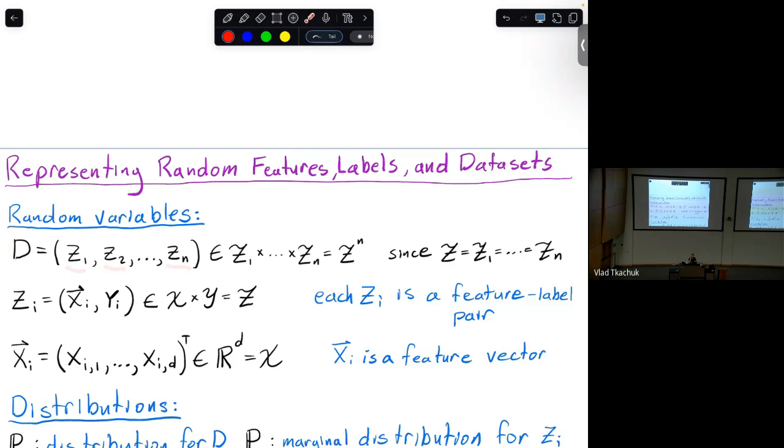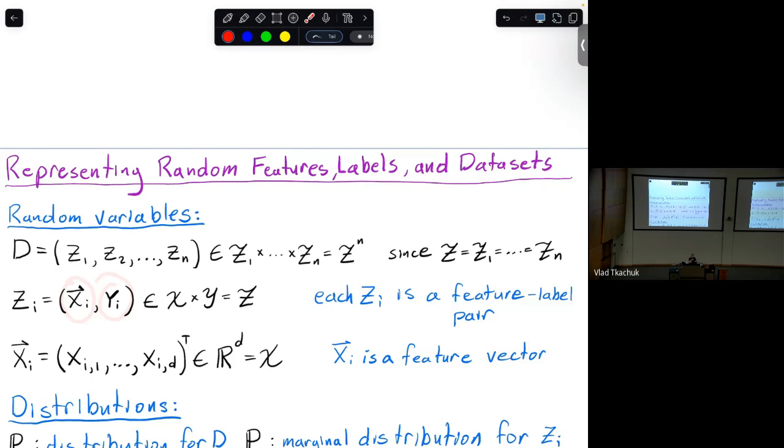But it turns out that these random variables inside a multivariate random variable can themselves be multivariate random variables. There's no problem with that. Each one of these Z's is a feature label pair. So every Zi, for every index i, is itself a tuple of a feature and a label, so it's itself a multivariate random variable.